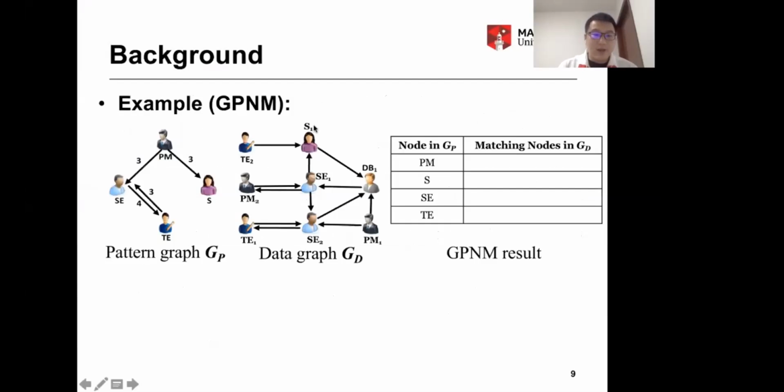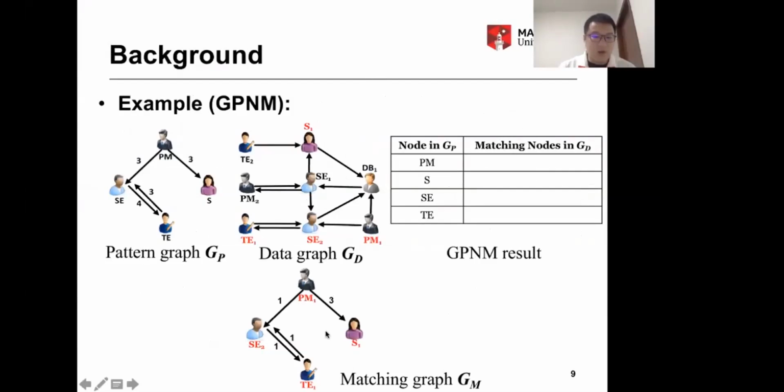Here I give an example to show what is GPNM. This is a pattern graph GP, this is a data graph GD. By the definition of the boundary graph simulation, this is a matching subgraph. And then PM1, S1, SE2, T1 become the matching nodes of the nodes in the pattern graph.